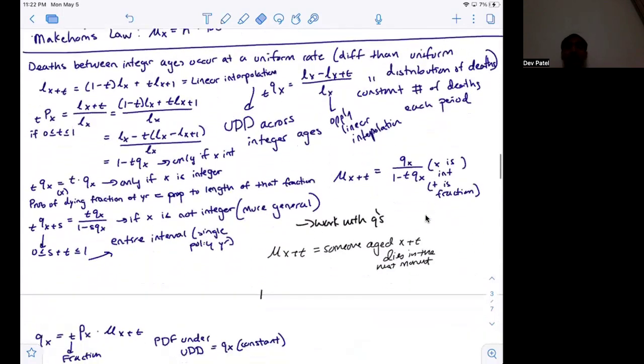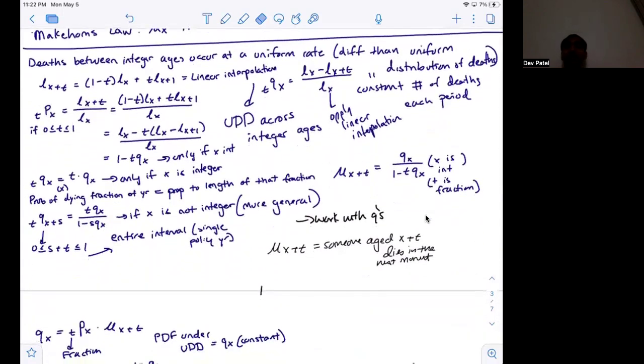Now, as we mentioned, we have deaths between integer ages. And again, you want to use a linear interpolation for this. So this is the entire idea that, hey, if you want to find the number of survivors at age, let's say 20.3, that is going to be the weighted average of the number of survivors at age 20 and the number of survivors at age 21, where the weights will be the proportion of time that has passed.